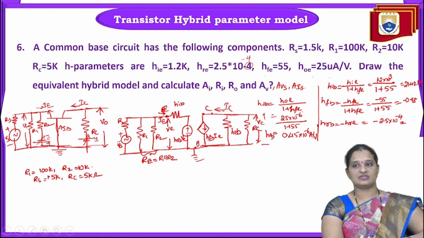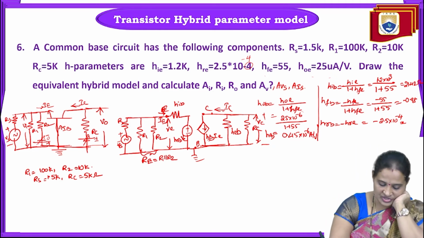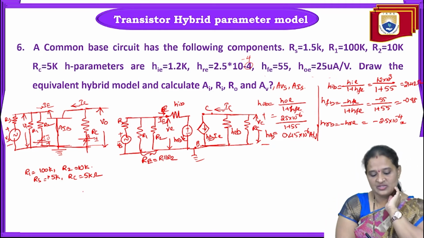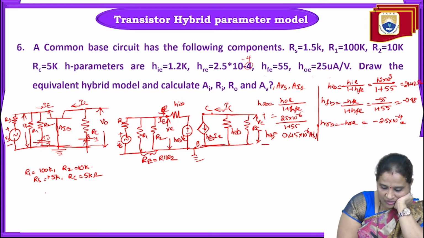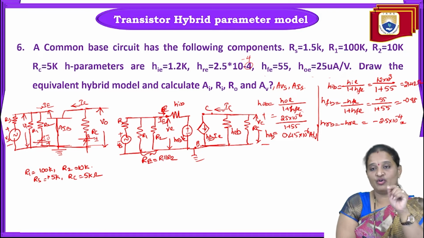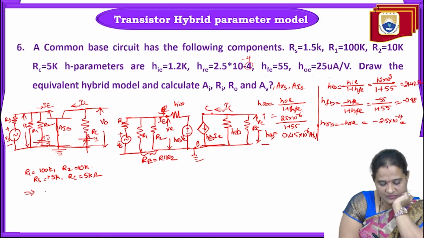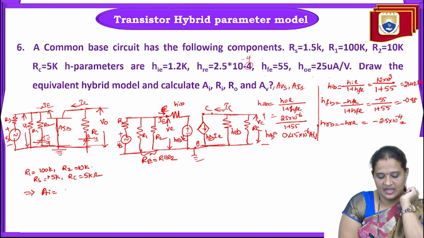These are the values given, and we have already found the values of the h parameters. Now the first thing I want to calculate is the current gain. The formula for current gain is minus hfe by 1 plus hoe into RL.